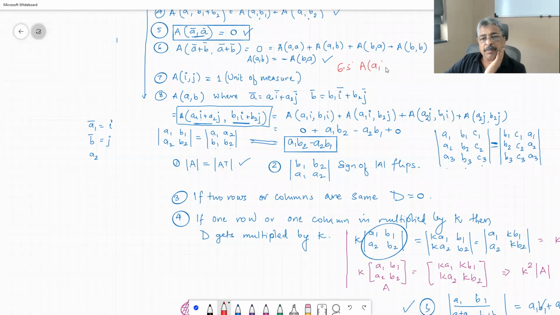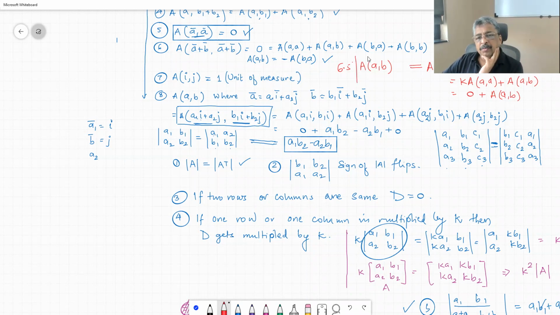Area of A comma B is given to us. Now let us cross check area of A comma KA plus B. We have multiplied vector A by K and added it to B. Then what we will get is area of A comma KA plus area of A comma B, which is K times area of A comma A plus area of A comma B, and this is 0 plus area of A comma B. So this and this are equal.